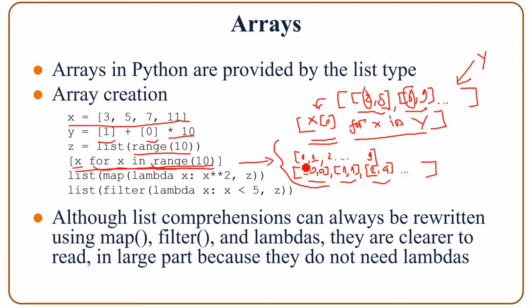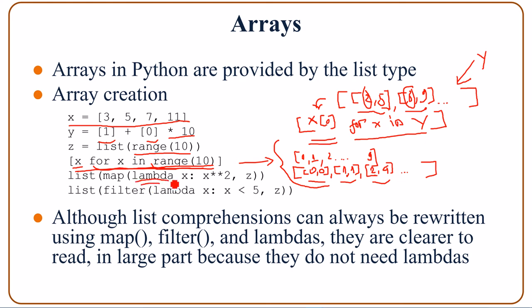The next two functions, map and filter, are also very useful. Map is used for a similar purpose as list comprehension, but the syntax is a bit more complex. Here you have to specify a function. Let's say we use a lambda function, but you can use any function here.